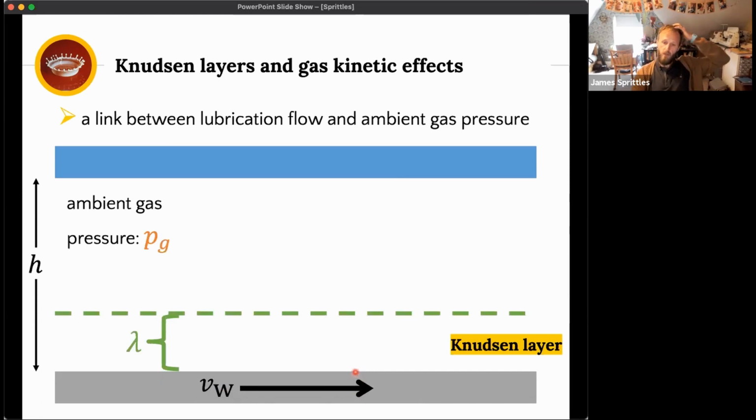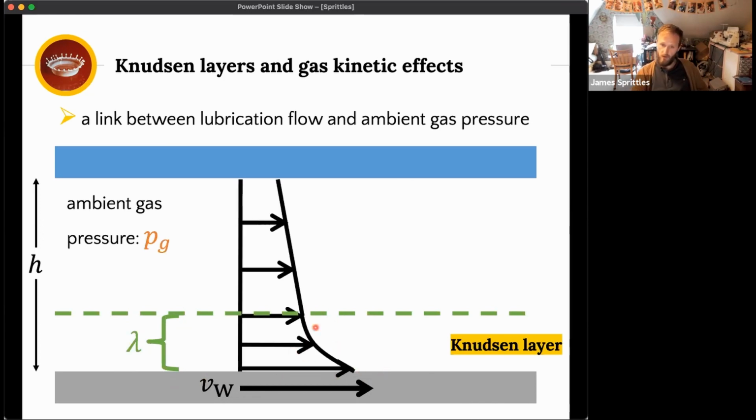Then typically within one mean free path of the solid, around 100 nanometers for air at atmospheric pressure, we have a region called the Knudsen layer where we have strongly non-equilibrium flow and the Navier-Stokes equations don't apply. To describe this region, we need the Boltzmann equation. The flow profile might look something like this, and we have this boundary layer of non-equilibrium flow.